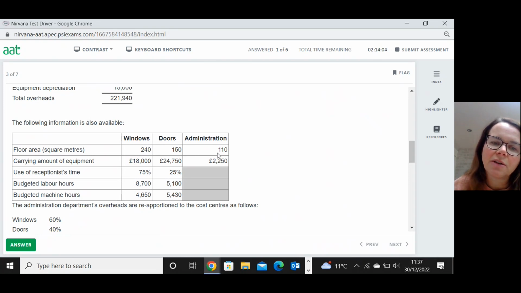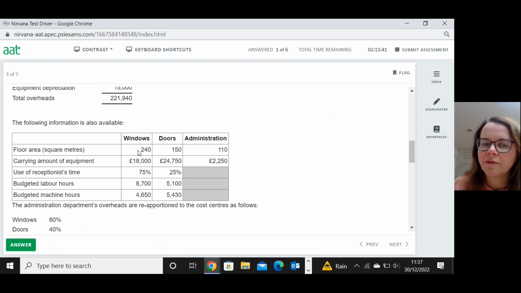So the first thing we have to do here is work out what the total square meters are. So I'm going to add 240, 150 and 110, which is going to give me a total of 500 square meters. I'm then going to calculate how much goes to the windows department.